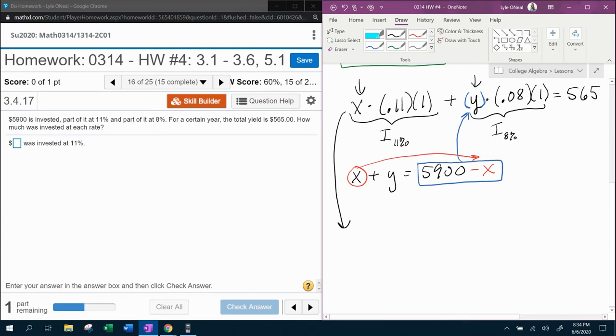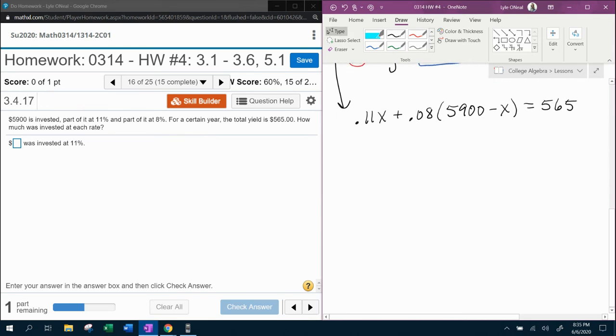So 0.11 times 1, that's 0.11. So this is going to be 0.11x plus 0.08 times 1, that's 0.08 times y, which is going to get replaced with 5,900 minus x, and that's going to equal 565. And now I can solve for x.